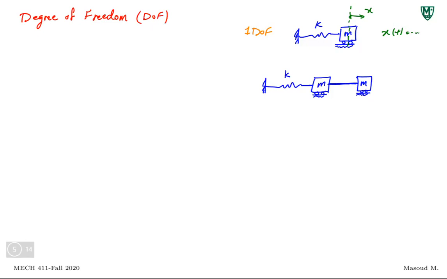Think about this. The way you can think about this is that you have two masses. Now, if I know where this mass is at any given moment, like some x, is it enough to fully describe this motion? Is it enough to exactly know where both these masses are at any given moment?